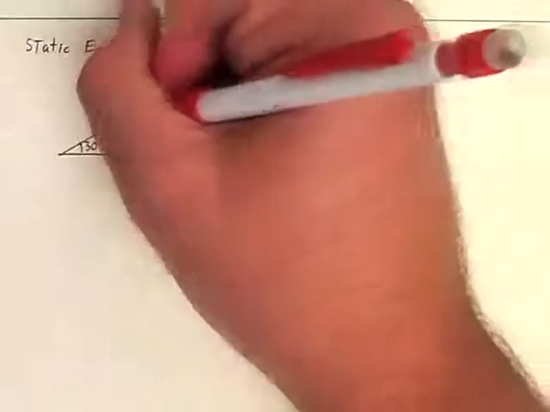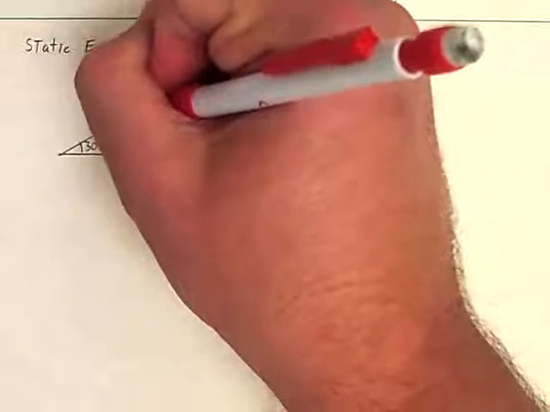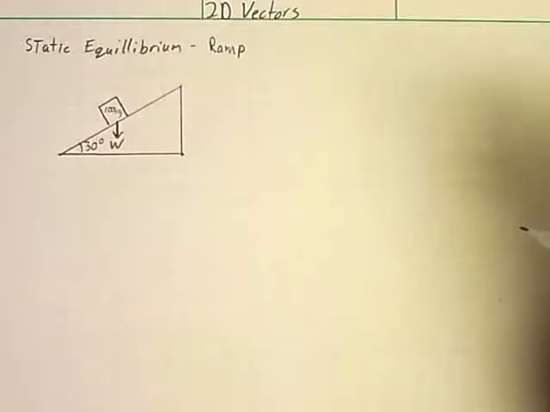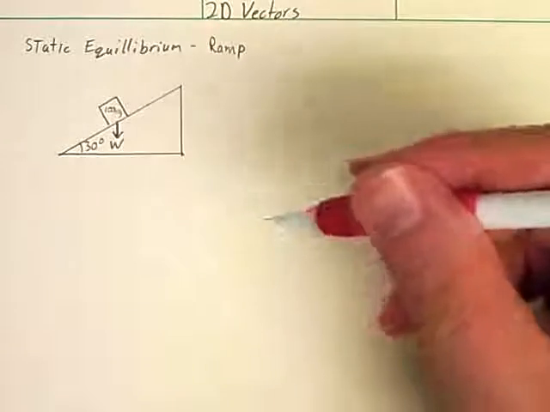Well, we know from other things that we've done, we've got the weight of the object, which acts straight down. Gravity's going to pull that down.